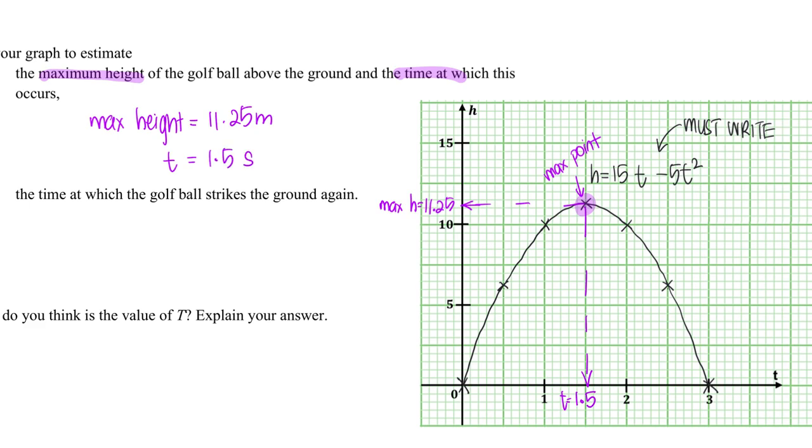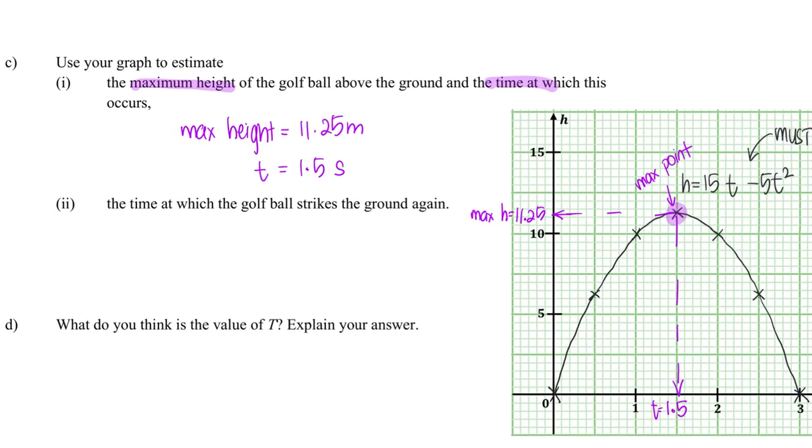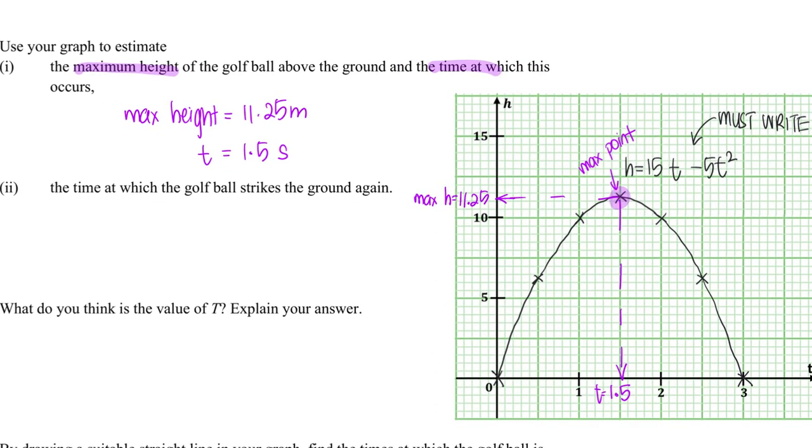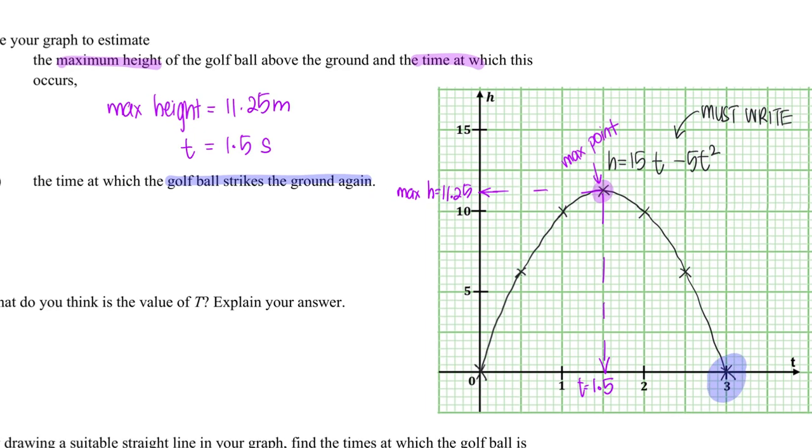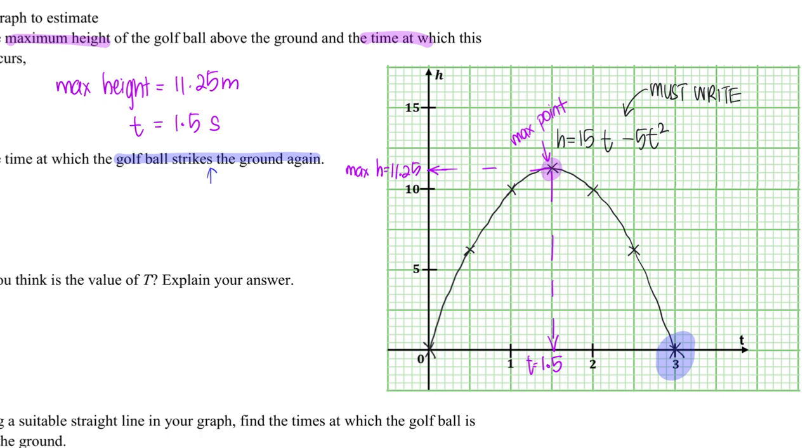Now for the next part, where they want to find the time at which the golf ball hits the ground again, it has to be at the point where h equals 0, which is here. It strikes the ground, and this happens when t equals 3 seconds.